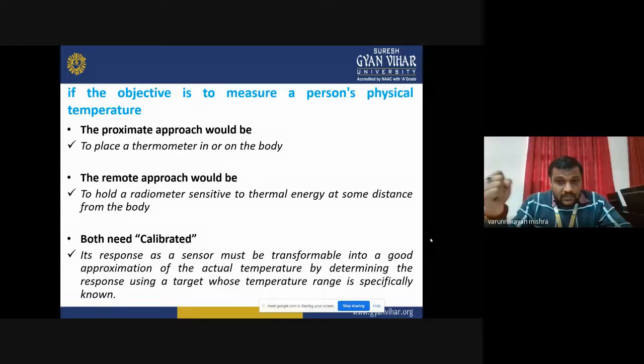The proximal approach would be to place a thermometer on the body. If we want to measure the physical temperature of any person, then we use a thermometer. It will be in physical contact with the human body. That is proximal sensing.